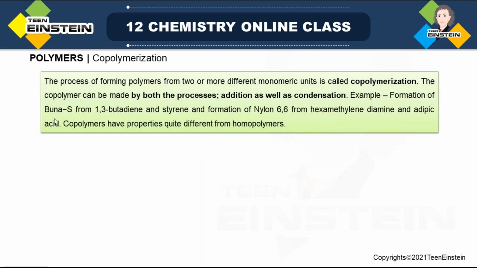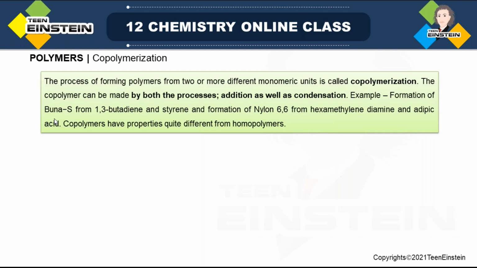So these are the examples of synthetic rubbers. Copolymerization, though we have used this term, we will still discuss it separately. When you make a copolymer starting from monomers, the process is copolymerization.